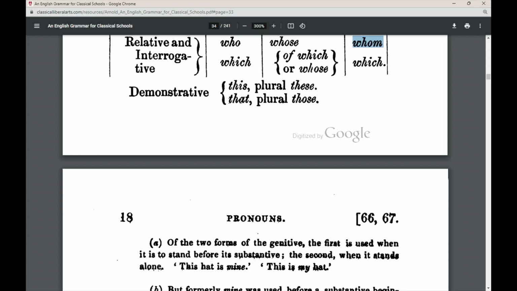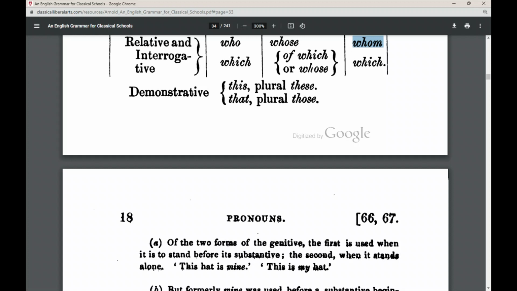And next we see at the bottom of the page the demonstrative pronoun. The word demonstrative means to point out or show something. If someone gives a demonstration, they show something to other people. These are demonstrative pronouns because they point out or show something.